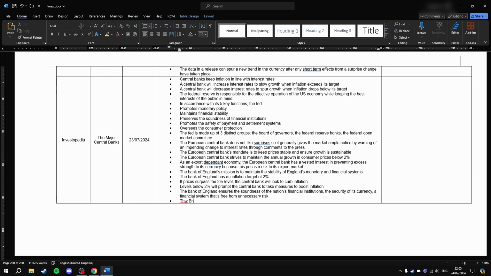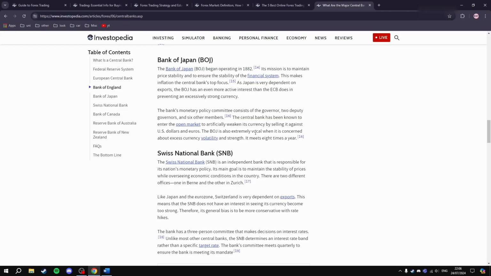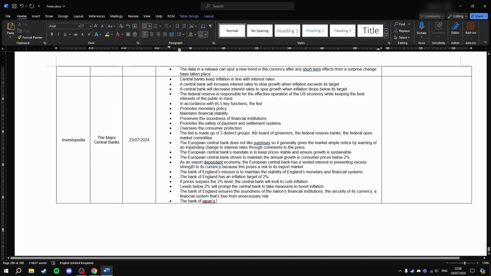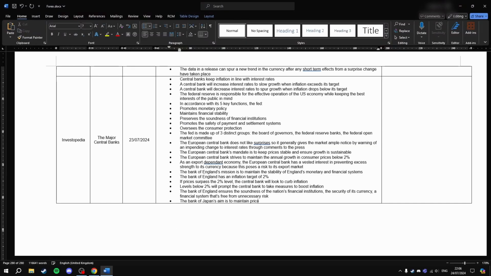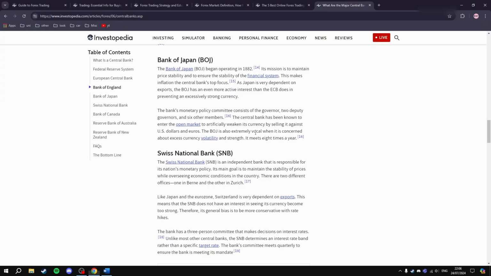The Bank of Japan's aim is to maintain price stability and ensure the stability of the financial system.